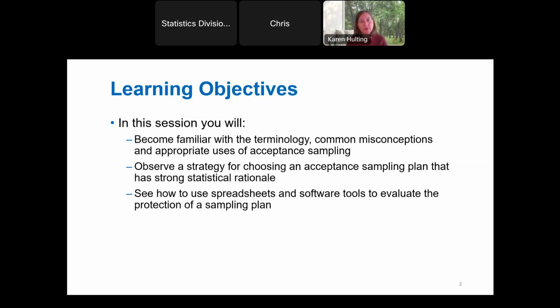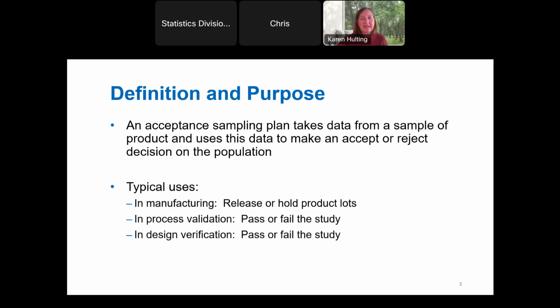Whether you've got commercial software, a lot of commercial software packages will help you get an OC curve. That's what we're going to be talking about. And if you don't have those commercial packages, you can actually do this in any spreadsheet program. Even Google Sheets will allow you to do this, not for every complicated acceptance sampling plan, but for the acceptance sampling plans that get used the most, all you need is a spreadsheet. So we'll talk about that.